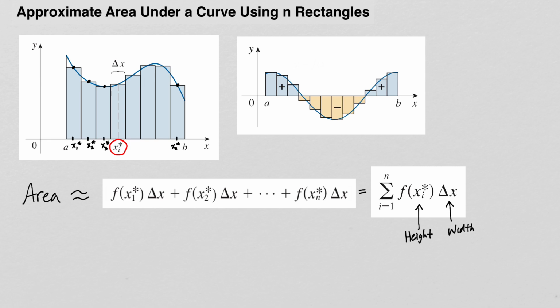And when you multiply those together, that gives you the area of that rectangle. And then the summation symbol just means that once you find the area of each of these rectangles, you are going to add them up. So literally this symbol just means you're going to add up all of these f of xi stars multiplied by delta x. Again, the sum that you see here is called the Riemann sum.